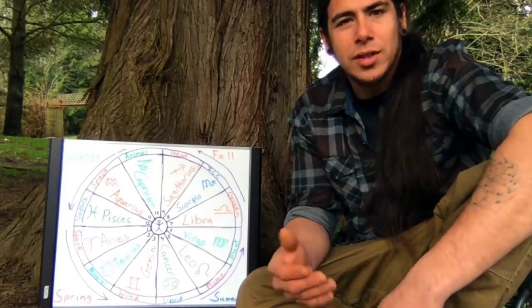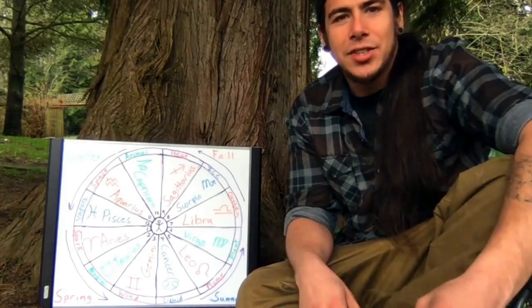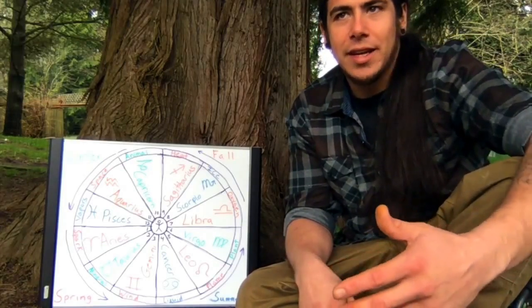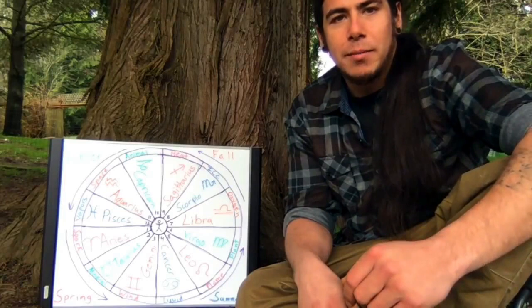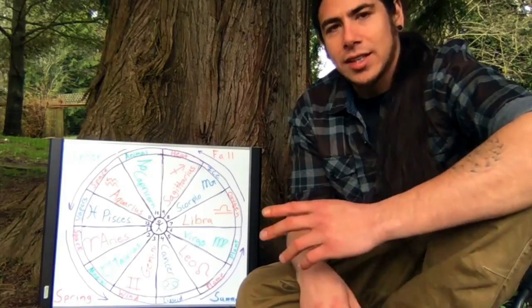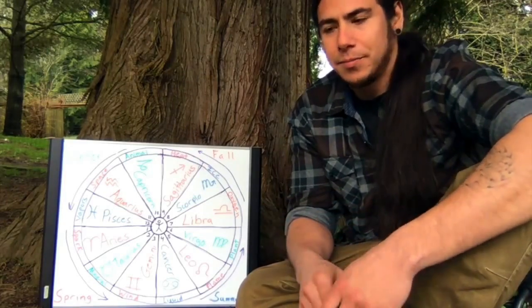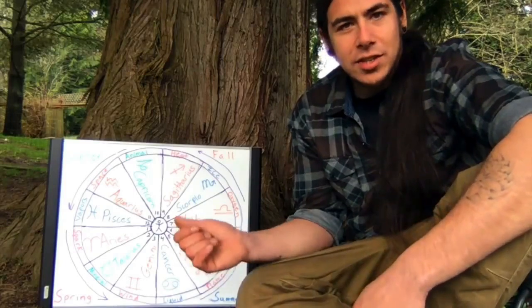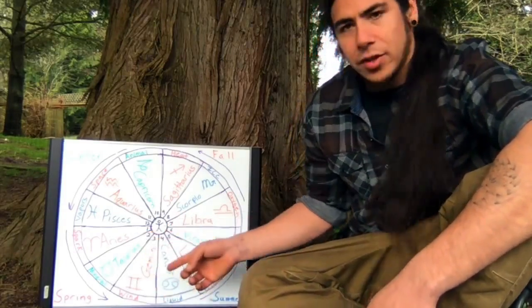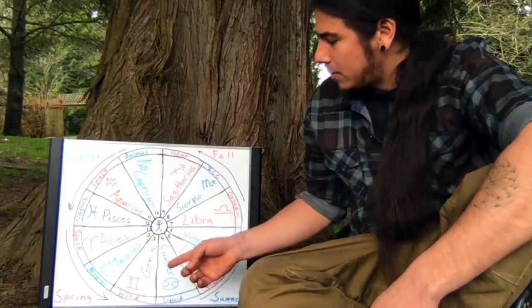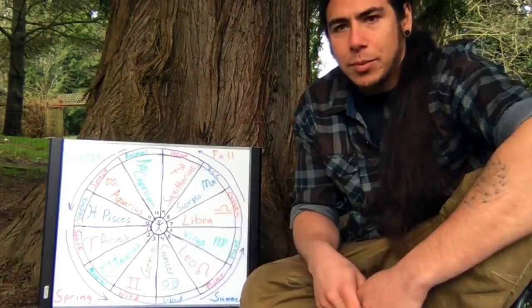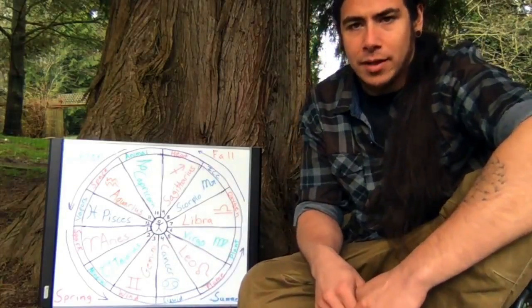We know those qualities, but how can we see it in nature? How can we bring it to life and learn about these signs, these archetypes, through nature itself? So I'm going to take you guys on a journey through the zodiac, and I laid out all the framework here, and I hope you guys can read that and see it.